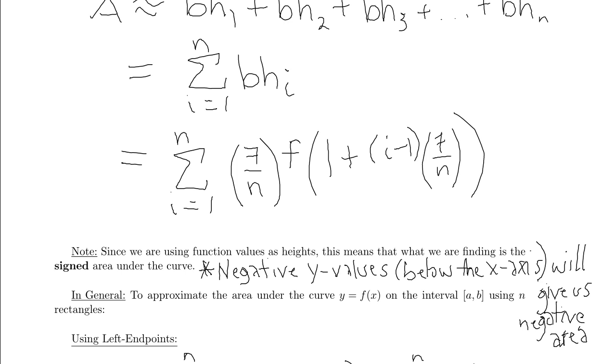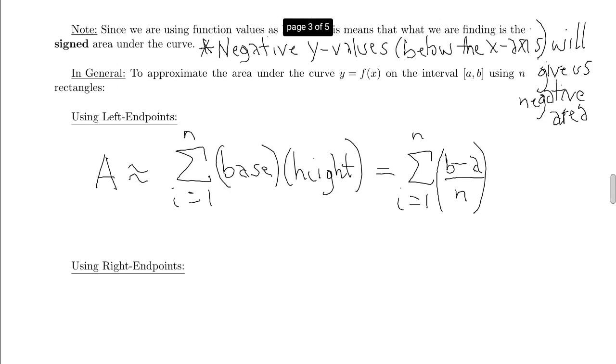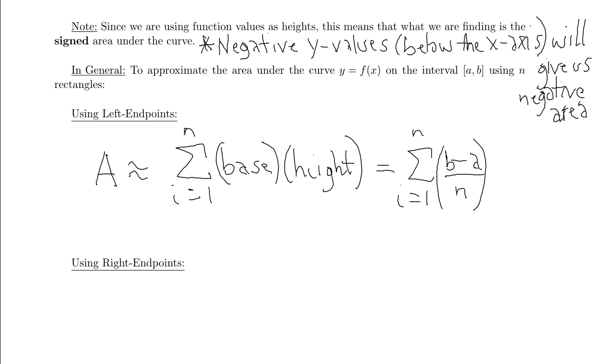This 7 over n we already figured out is b minus a over n. So to rewrite this, it's going to become a plus i minus 1 times b minus a over n. I'm going to try to fit this here. It's going to be a little bit squishy, so maybe I'm going to write it just a little bit below, but it belongs up here.